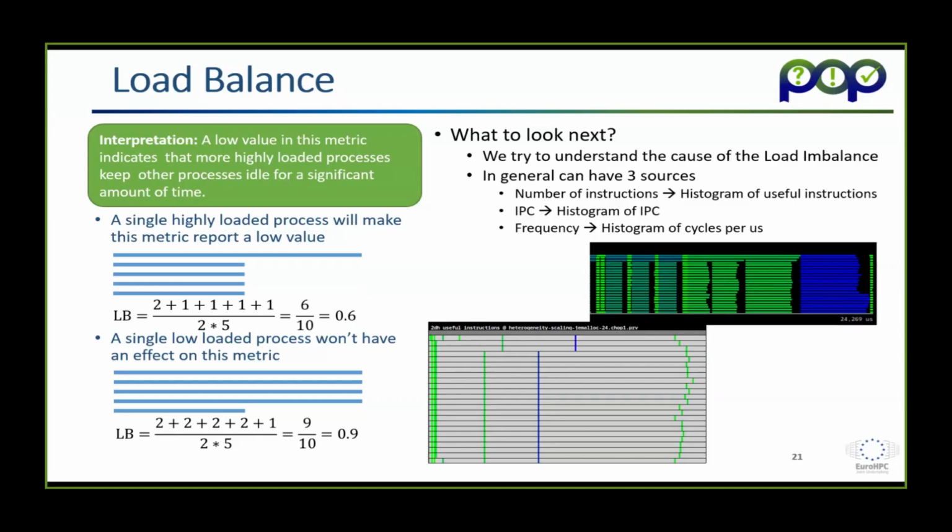Is it because one process has more instructions than the others? Or, if they have the same number of instructions, is it because one of them is computing them faster? Or is it because one of them is running at a lower frequency for some reason? These are the three things I would check, and they would tell me where this load imbalance is coming from.